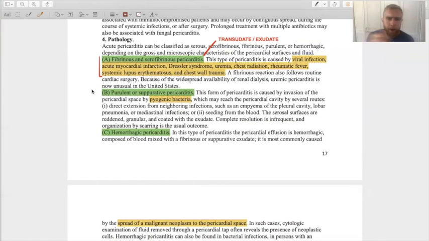So purulent pericarditis, purulent pus, bacteria, neutrophils, and it can directly encroach into the pericardium from neighboring tissues, or it can extravasate from the bloodstream.